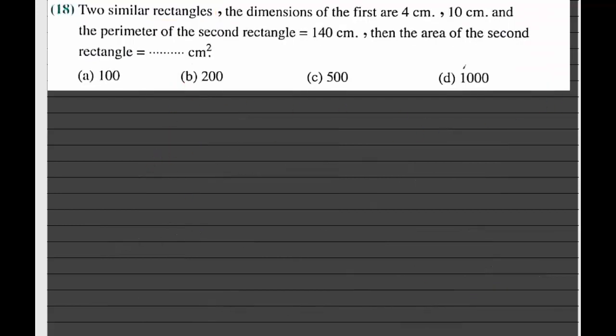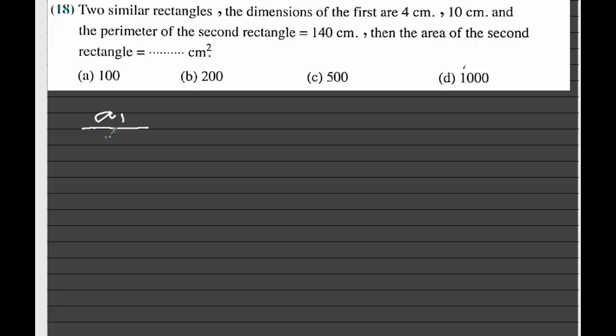Next question. Here, two similar rectangles. The dimensions of the first are 4 centimeters and 10 centimeters, and the perimeter of the second is 140. Then the area of the second rectangle equals one of these values, centimeter squared. So first we write the relation between the area and the side.